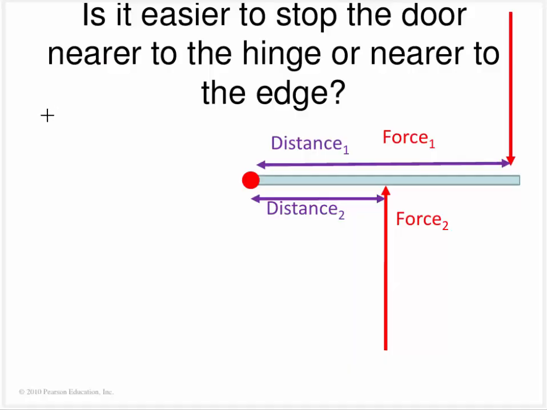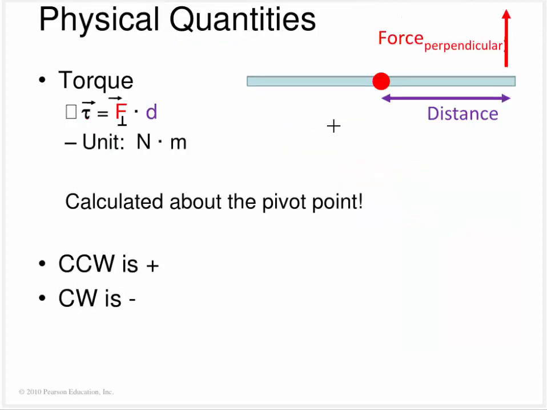Now we're going to change gears just a little bit. We've talked about things that are rotating, we've talked about how things can be difficult to rotate. So the next question we're going to ask is, how do we get things rotating? And as we get into that, would it be easier to stop the door near the hinge or near the edge for the same amount of force? I hope that you're probably guessing near the edge and not the hinge.